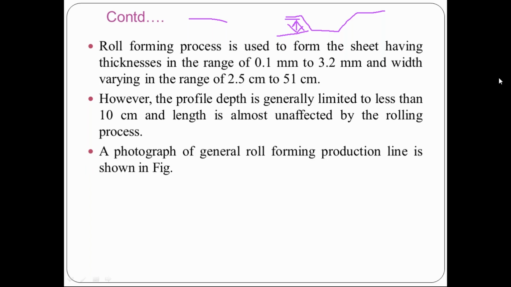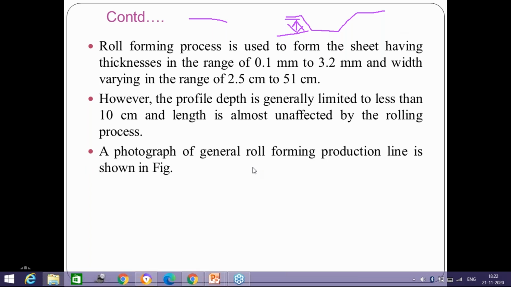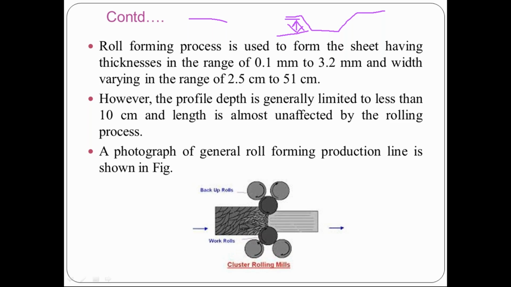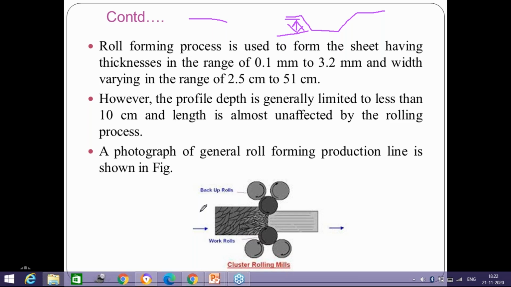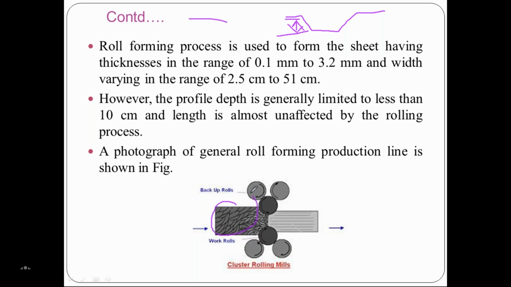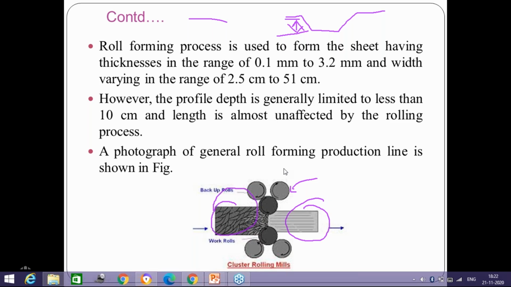A photograph of a general roll forming production line is as shown in the figure. This one is the unfinished product before the operation. These are the set of crafted rollers, and this one is the final finished product.